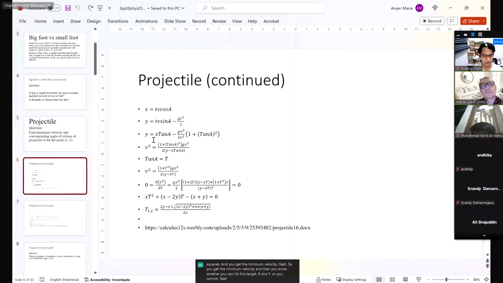So basically, we know everything about projectile. Projectile is solved completely. This x and this y solves projectile completely. Now we can find minimum velocity of the projectile.